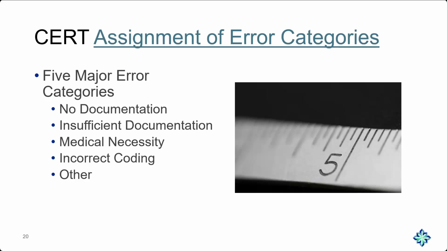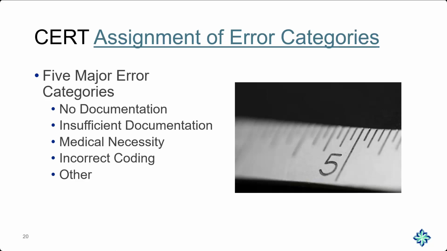So if policies define medical necessity, that means that there are edits in the claims processing system to catch these claims that aren't meeting the medical necessity requirements. But in some cases, when the documentation is later reviewed, they're showing that the medical necessity was not justified in the record. So they might find an error and assign this category.